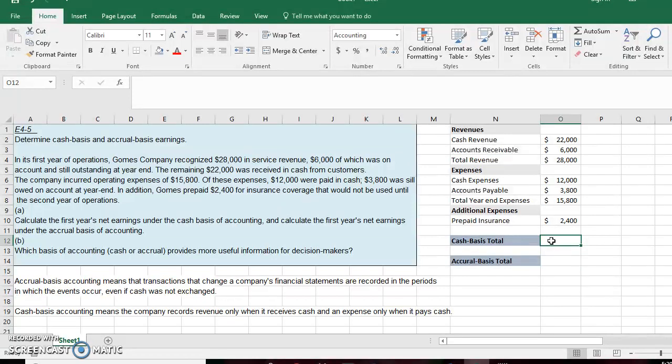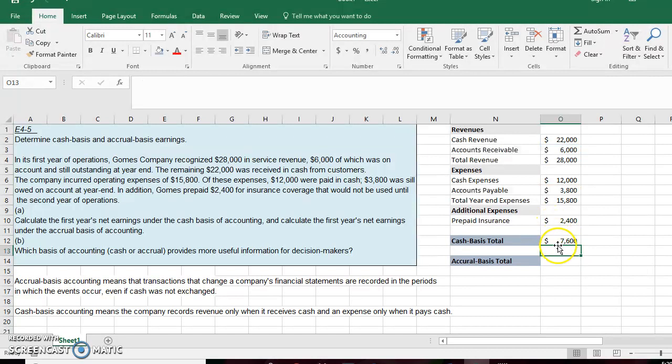To figure out the cash basis, we're going to use Excel to do our math for us. We're going to hit equals, and what we're going to do is figure out our cash revenue, which here was 22,000, minus our cash expenses, which were 12,000. We're also going to minus our prepaid insurance because we did pay that in cash this year.